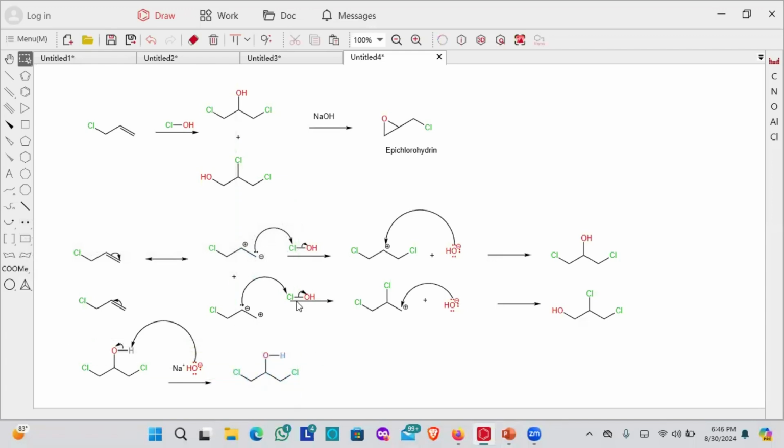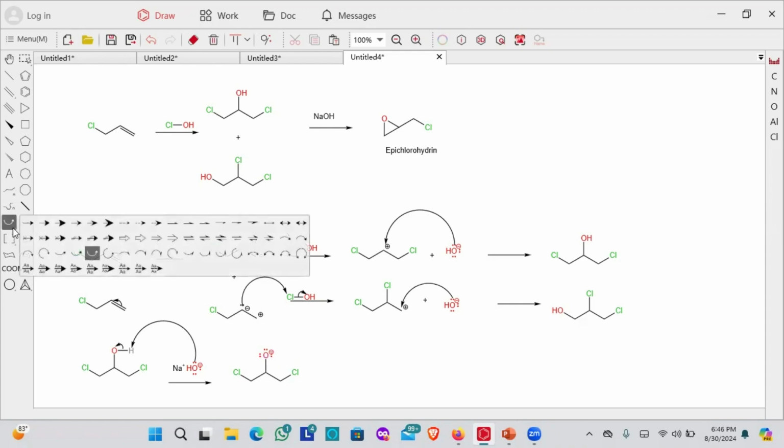Let's remove the hydrogen. And let's also show the electron pairs on the oxygen atom here, so that we can show how the oxygen atom is going to remove one of the chlorine atoms.